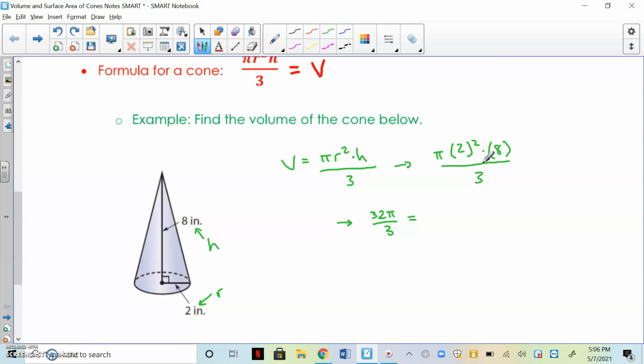If we calculate this in the calculator, we get 33.51. So 33.51 inches cubed is my volume. Just remember that units are cubic whenever you're talking about volume, unlike area, which is square.